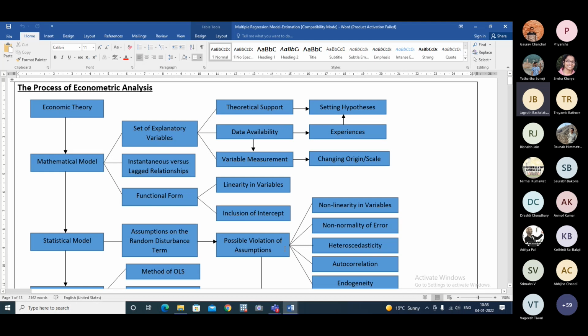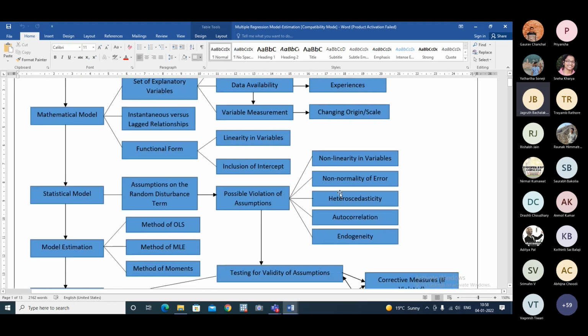And we'll stop there to begin with. But as we proceed, subsequently we'll be discussing in detail on these possible consequences. Particularly, we'll be focusing on heteroscedasticity and autocorrelation.